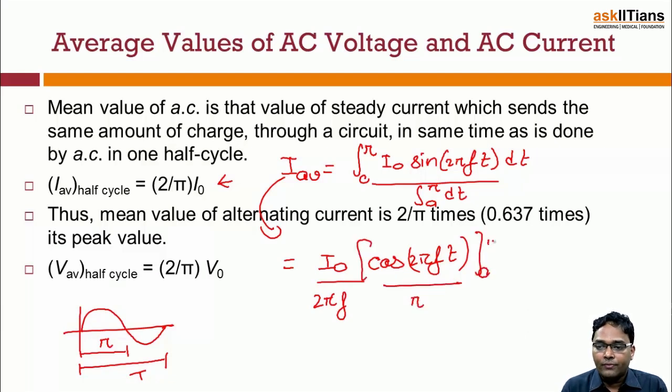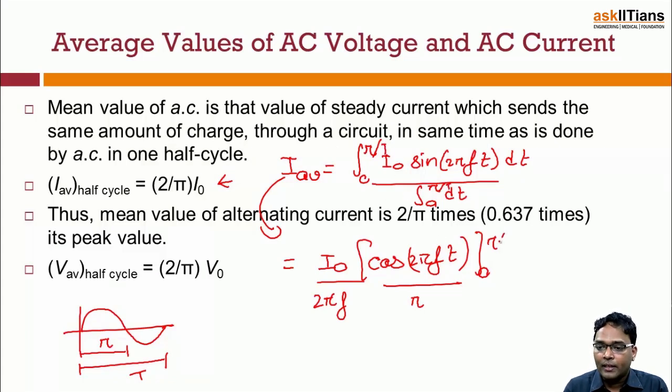Further, if I integrate from 0 to pi, the value at 0 gives me cos 0, which is 1. For cos pi, effectively I need to substitute for the complete thing. Effectively I should not be integrating to pi, it should be pi divided by the time period. That should be the proper choice.